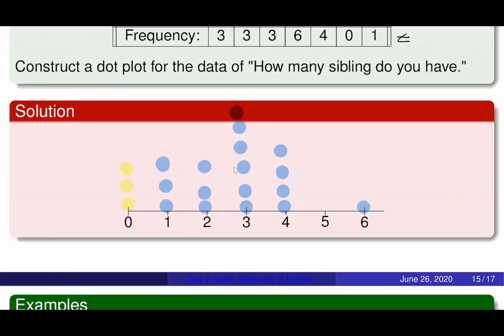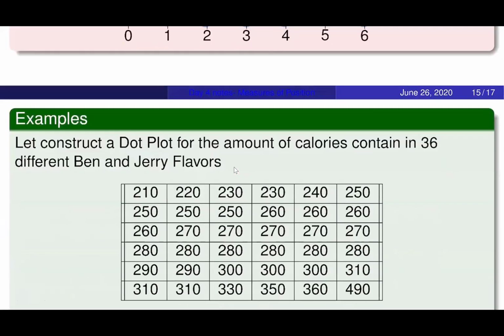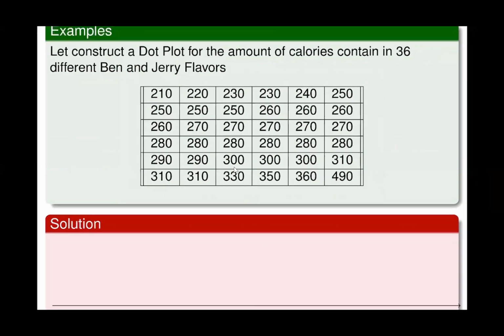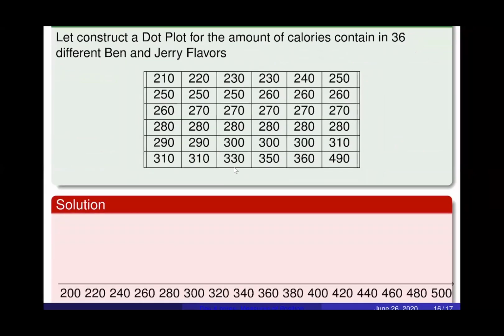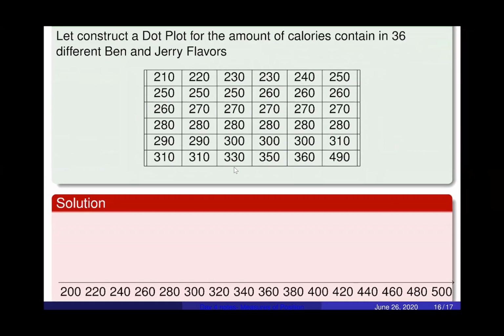Okay. So let's go ahead and do this last dot plot and we're done. All right, so for this one, let's construct a dot plot for the amount of calories contained in 36 different Ben & Jerry flavors.